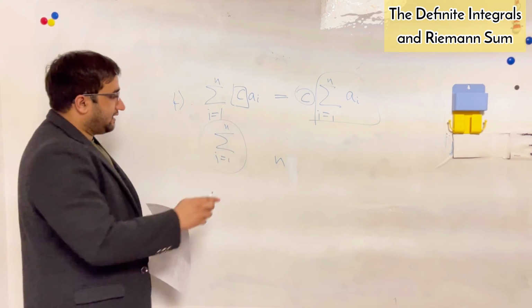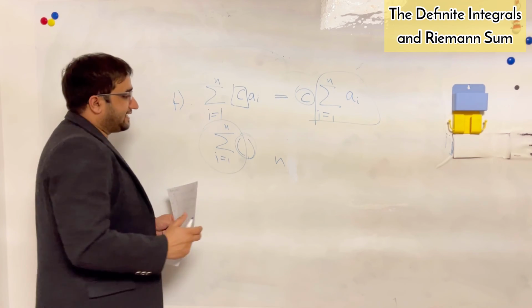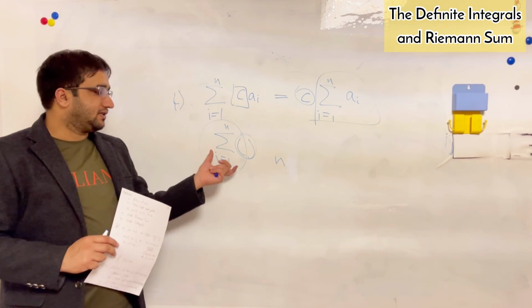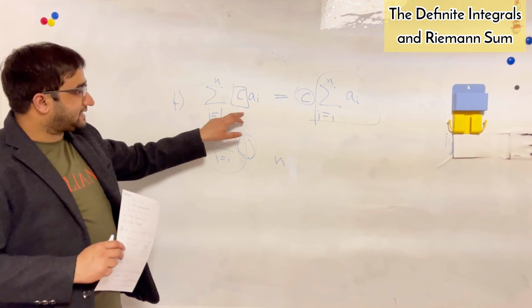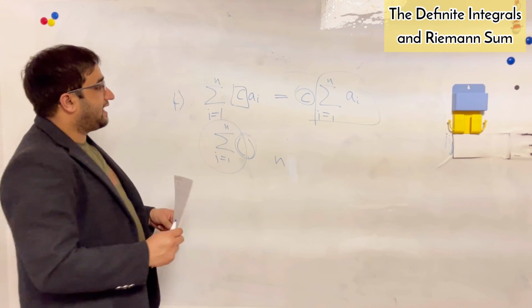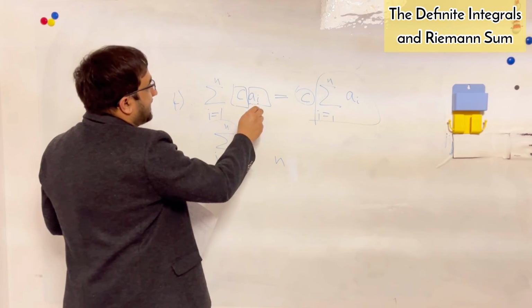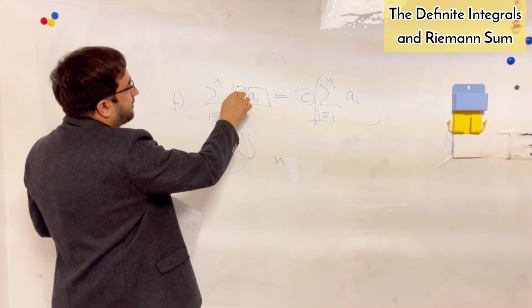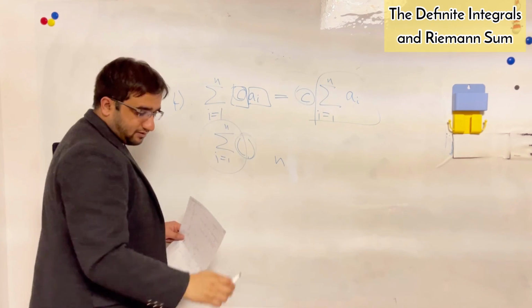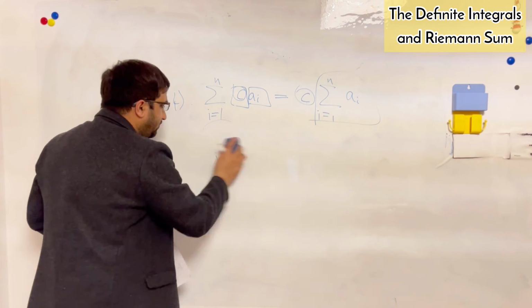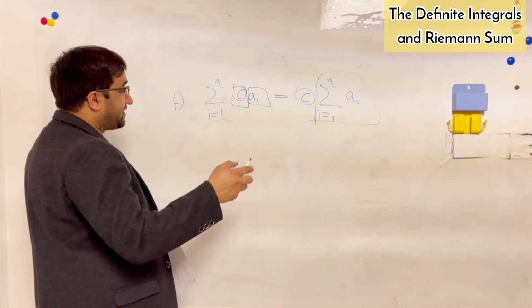Whatever is here, that will get n times addition. In this case, this term has i, so this term will get n times additions. You don't need to keep it there. Either you can keep it, but that will be the trouble.